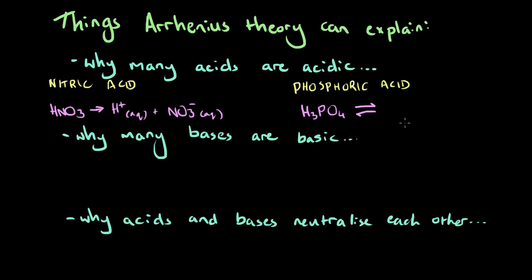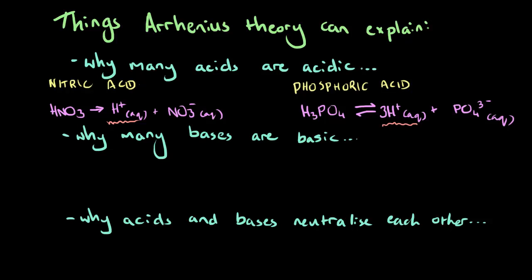So it will undergo a reversible reaction to produce 3H+ plus phosphate. The key thing in both of these equations is that if we're using Arrhenius theory, we need to be showing how these substances produce H+, which is the part of them that makes them acidic.